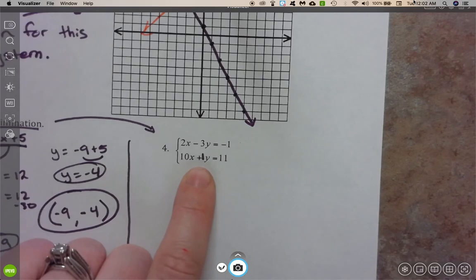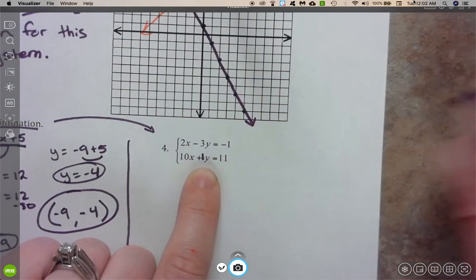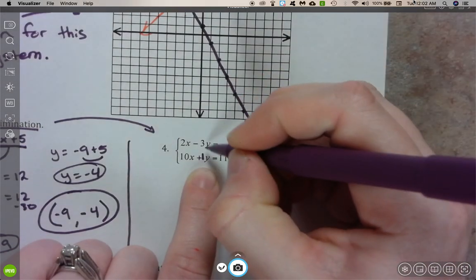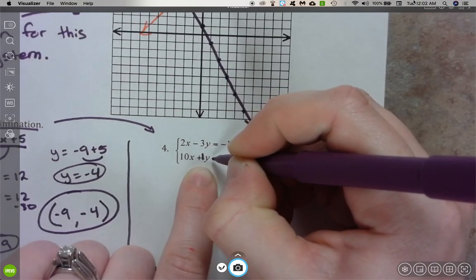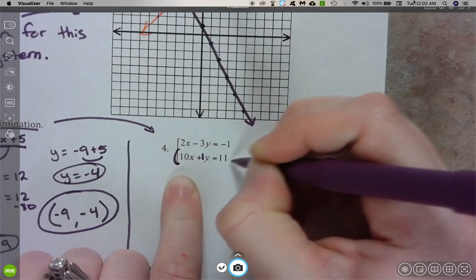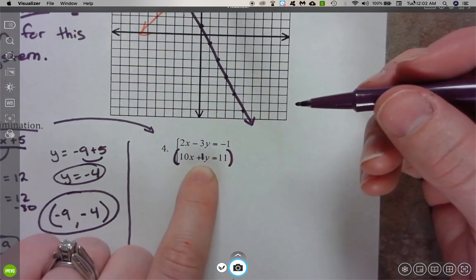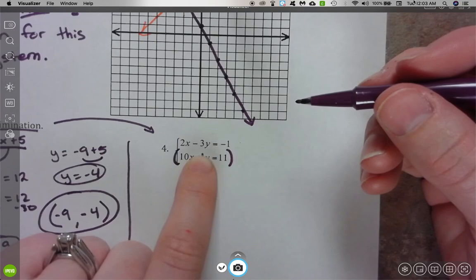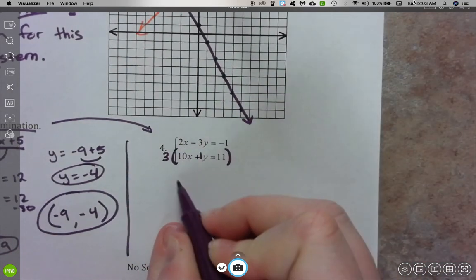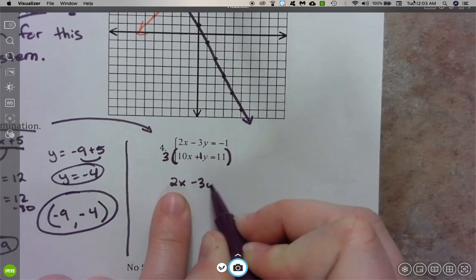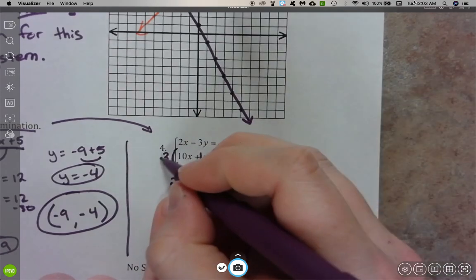So I'm going to pick on the y's here. You could choose the x's if you wanted to, but I'm going to pick on the y's because I have negative 3y and positive 1y, okay? If I can change this bottom equation to be a positive 3, then a negative 3 and a positive 3 will cancel. So I need to multiply the bottom by 3. I'm going to rewrite the top, 2x minus 3y equals negative 1. We're going to leave it alone. But the bottom equation, let's distribute a 3 through.